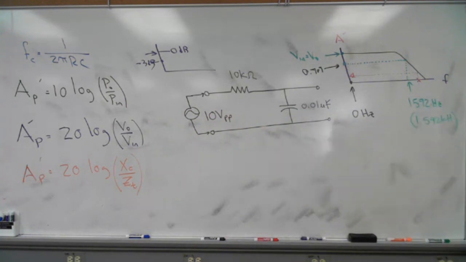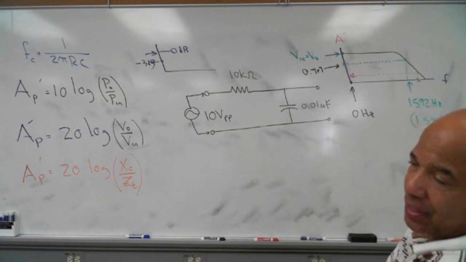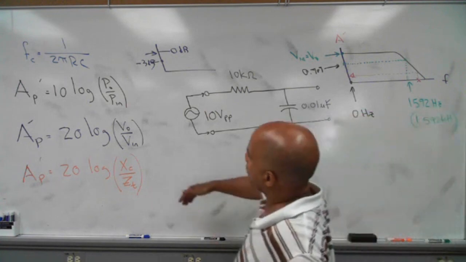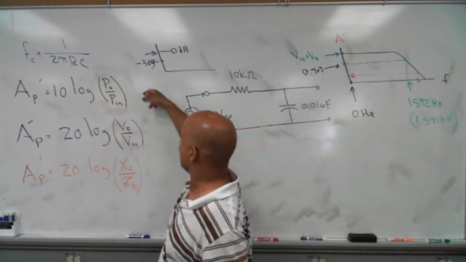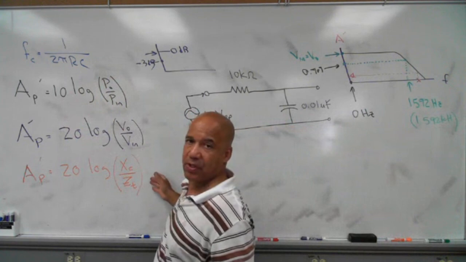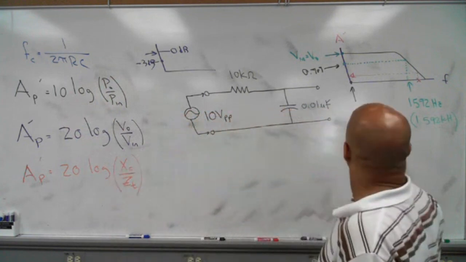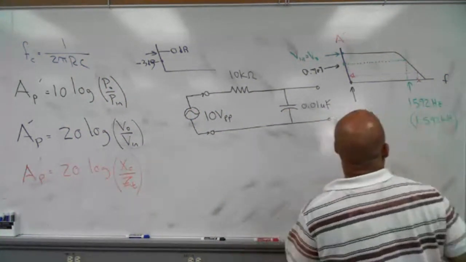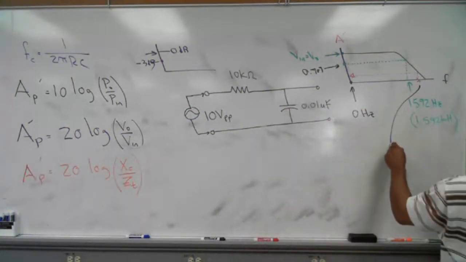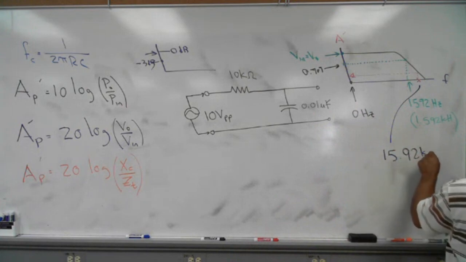So there's a couple ways you could do this problem. But if you're kind of following the logic of the problem, first we use this equation, then we use, I think, this one, and then this one. So now we're going to use this equation. There's other ways you could do it, but what we know is they gave us the frequency. They said that our frequency out here was 15.92 kilohertz.